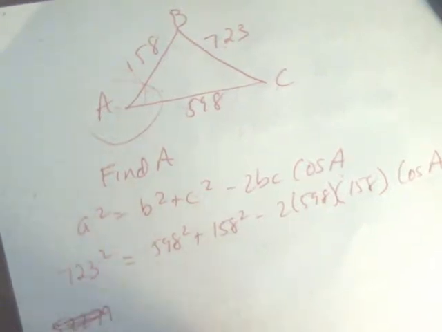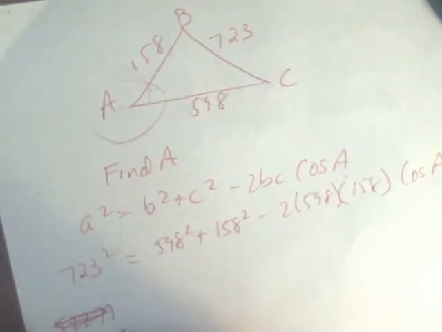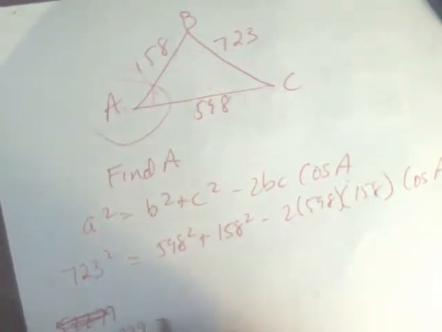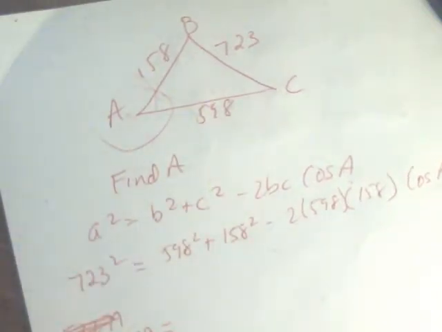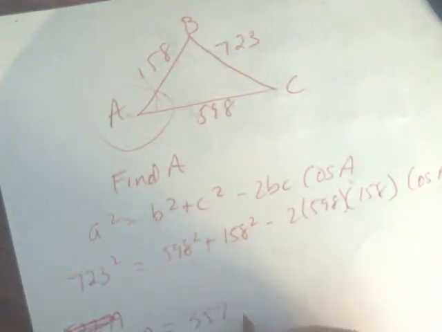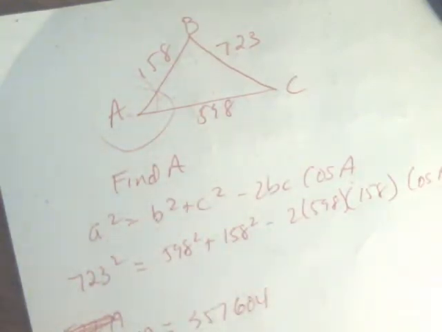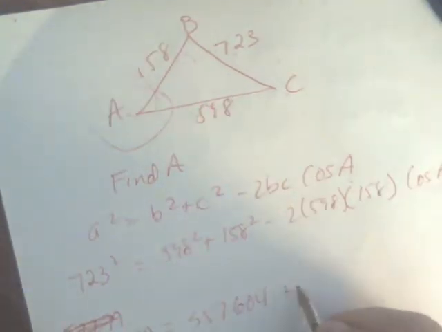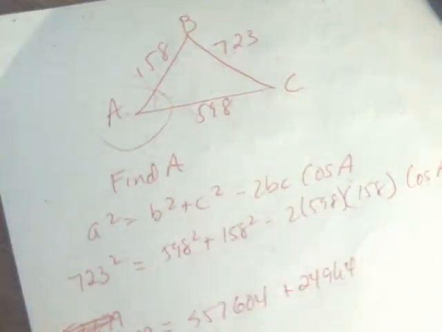Whoops. 723 squared is 522,729. 598 squared is 357,604. 158 squared is 24,964. And I'm going to go ahead and multiply these three together. So I got minus 2 times 598 times 158.